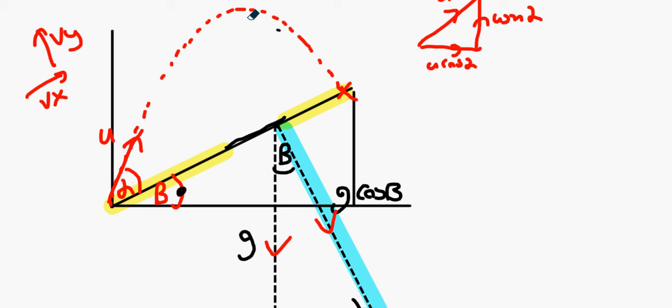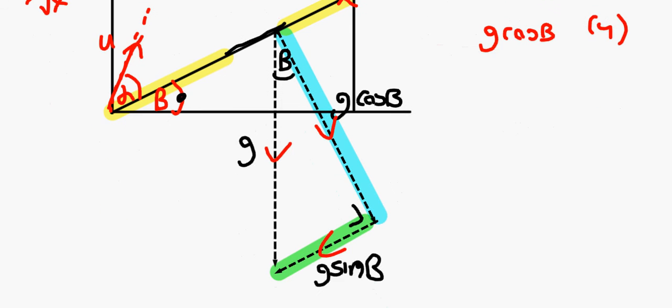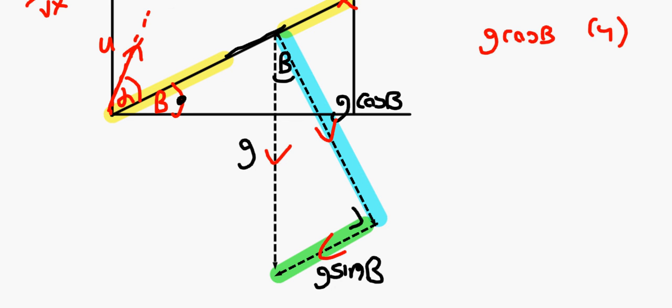Perpendicular to the yellow line, perpendicular to the plane. So what does that mean? G cos B affects the y values. What about the green one? Is it parallel or perpendicular? And if it's parallel, what does that mean? G sin B affects the x part.